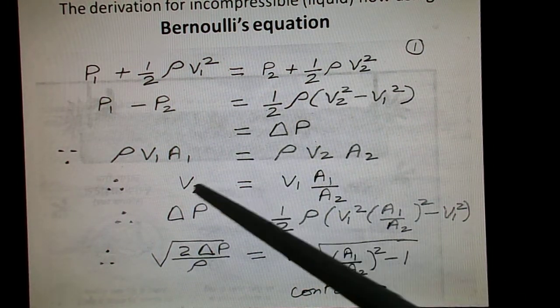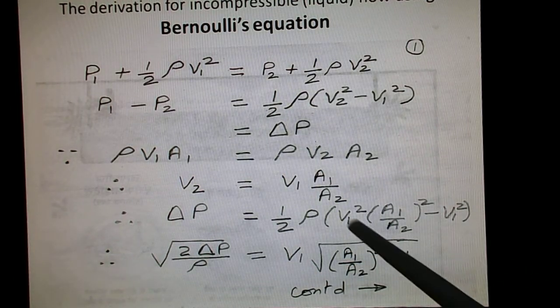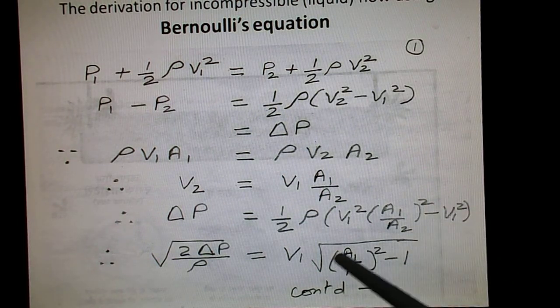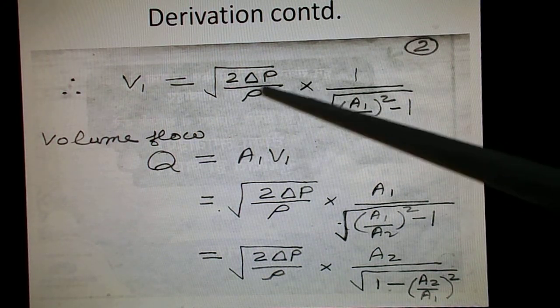So we get the expression for velocity V2 as this, and then delta P equal to this, and again by doing some mathematical manipulation we get this expression, and this leads to the value of velocity V1 equal to this.